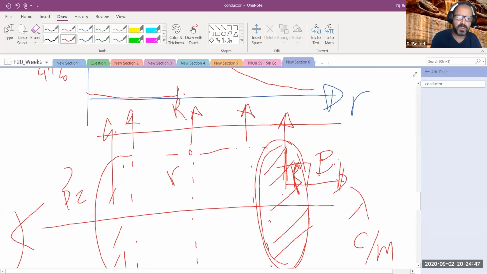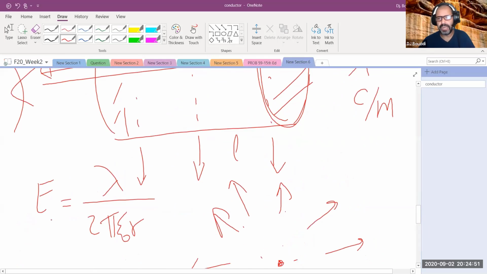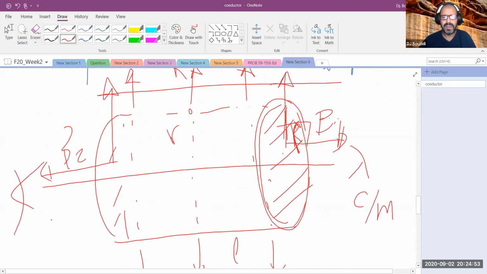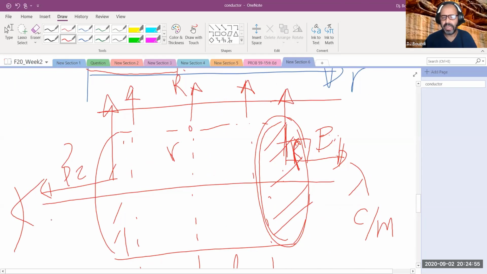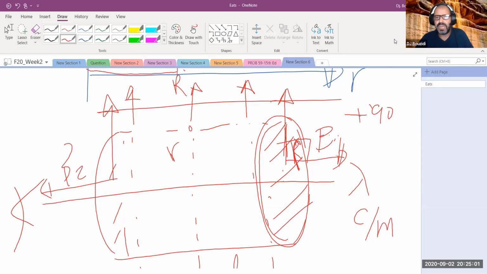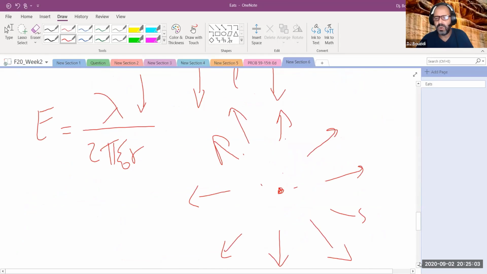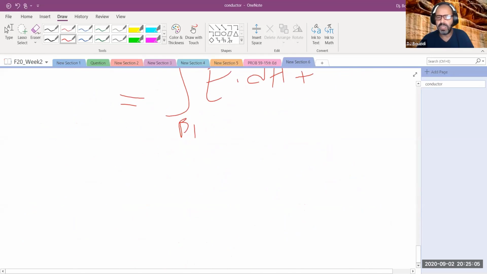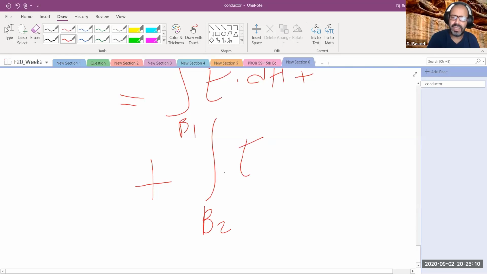The electric field is pointing this way, and the surface area is pointing there. So that's also negative 90 degrees. Cosine of 90 degrees or negative 90 degrees is 0. So both of them should give me 0 because of that dot product. Plus the integral on the lateral surface of E dot dA.